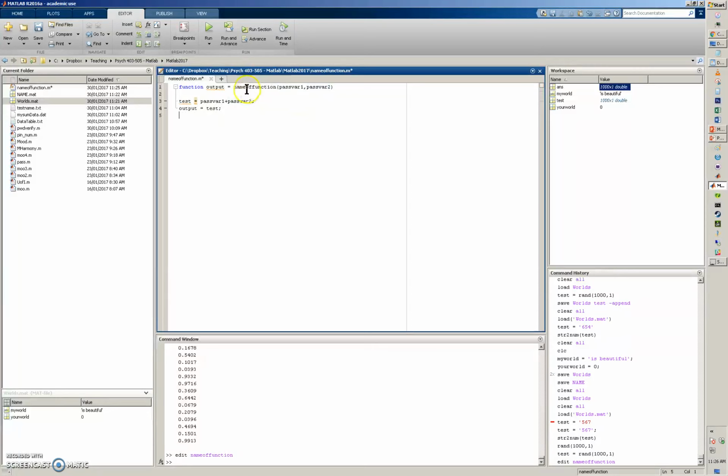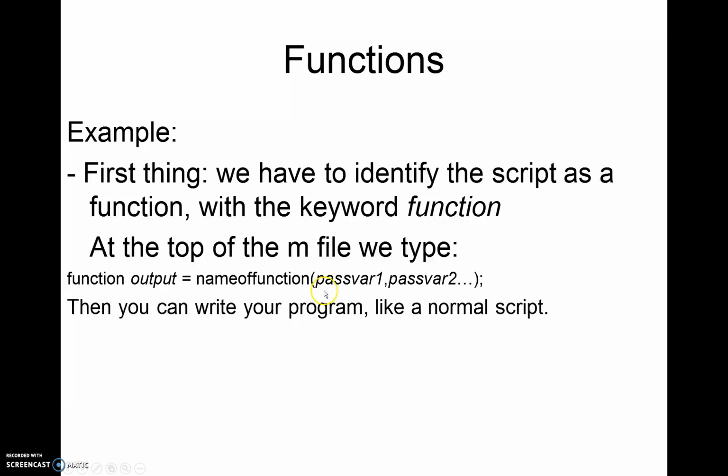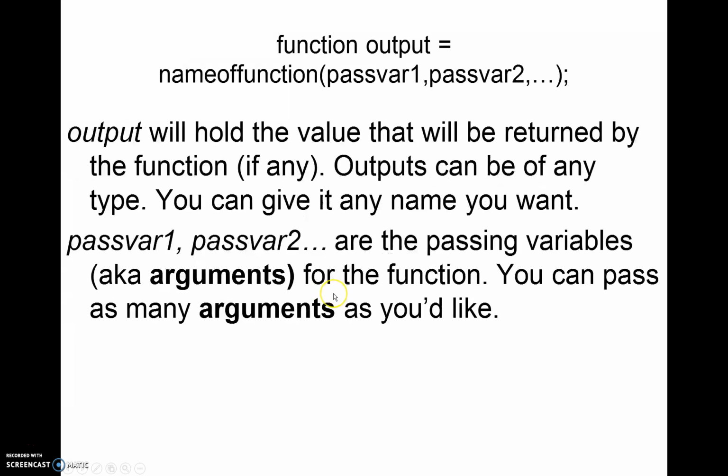So this function that we haven't really named anything useful yet could take these two numbers that you give it and add them together, and as output give you the sum. That's a very simple example that sum probably already does, but more flexibly. So function output, name of function, pass variable 1 and 2. Output will hold the value that will be returned by the function.